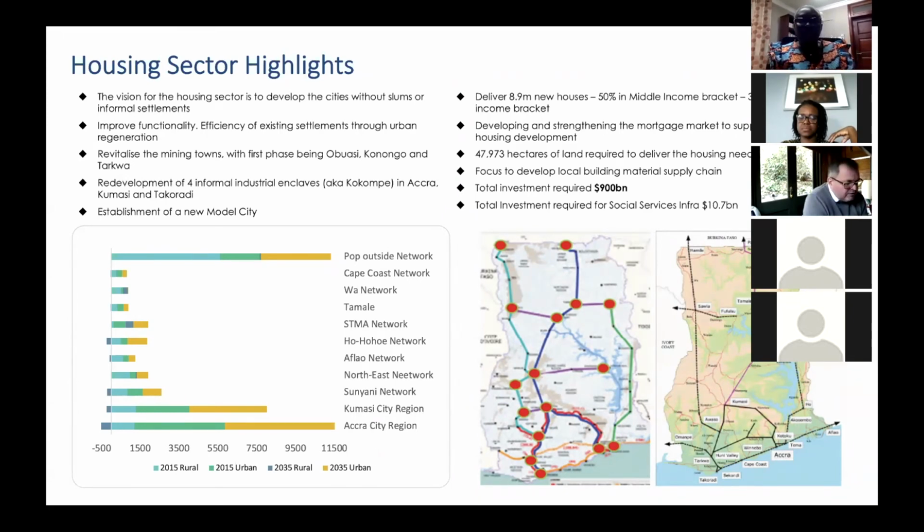Yeah, so there is some talk, and within the housing sector it highlights the way that they've structured the nodes of construction around the areas of economic activity related to the mineral or the agricultural wealth of the country. And you can see on the slide on the screen at the moment, they talk about redevelopment of the informal industrial enclaves as well.